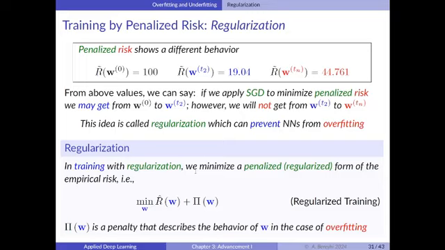The formal definition of regularization is as follows: we minimize the penalized form of the empirical risk. As you can see, the penalty pi of W can be anything; it should not necessarily be what I showed you, which was L2.